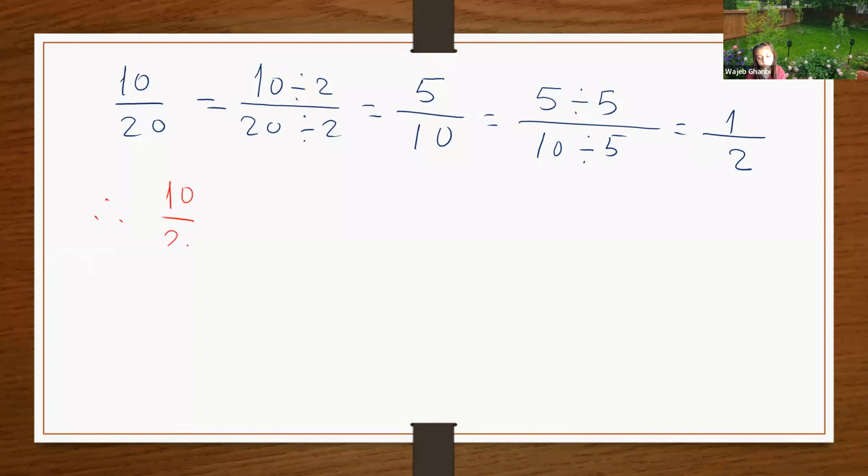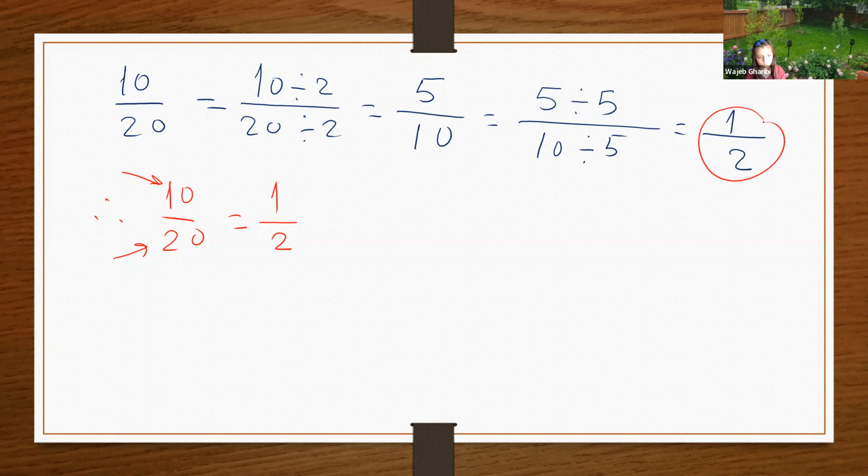Therefore, 10 over 20 is the same as 1 over 2. We have reduced the numbers in numerator and denominator: we reduced 10 to 1 and 20 to 2. So we simplified the fraction 10 over 20 to 1 over 2. Got the idea?